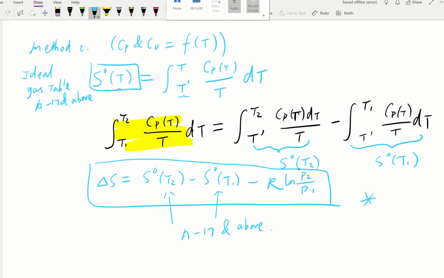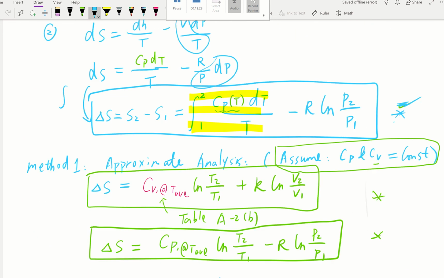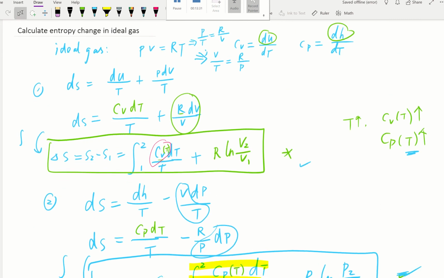Okay. Well, that's the end of this video. So, a quick recap. We have done a lot of derivation. Our goal here is to find formulas for calculating entropy change for ideal gas.